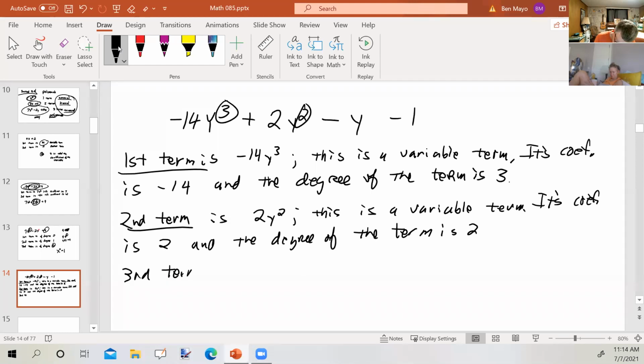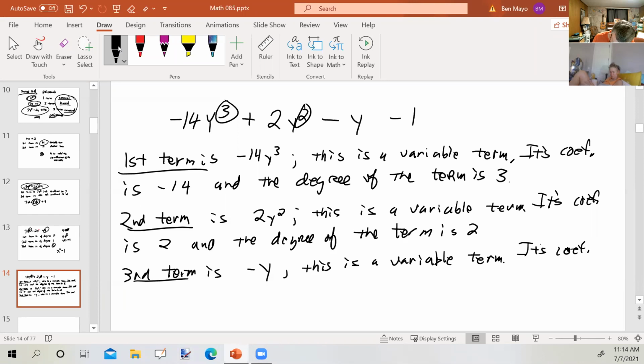All right. Third term is negative y. This is a variable term. Its coefficient is what? What's the coefficient of negative y? Anybody know? No volunteers in our studio audience?